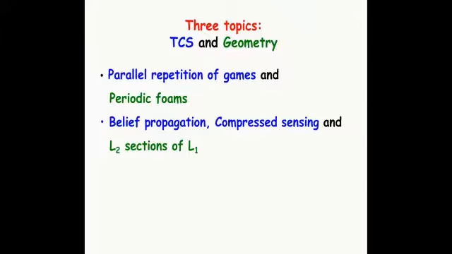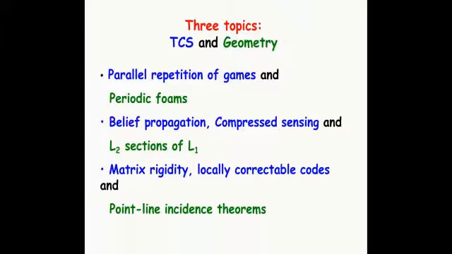The second connection is between belief propagation, compressed sensing, and expander graphs, and this problem of L2 sections of L1, which I'll explain. And the third is a connection between problems of matrix rigidity and locally correctable codes with the most basic problems of geometry, which is incidences between points and lines.